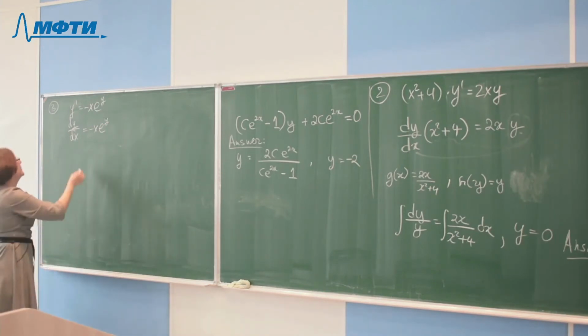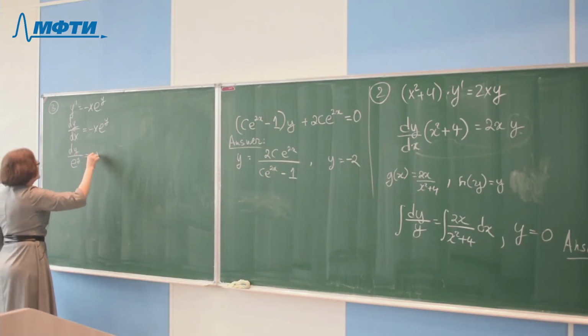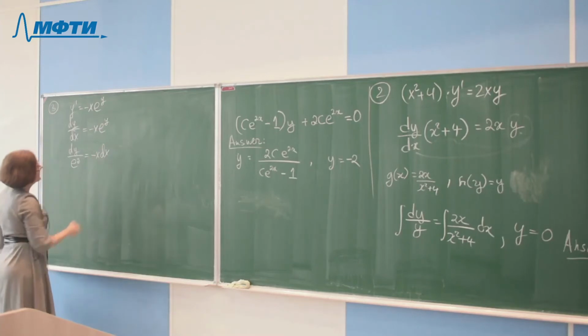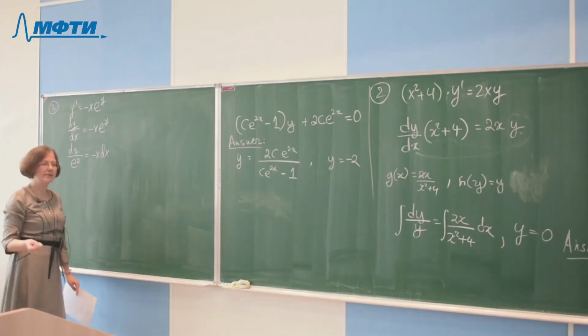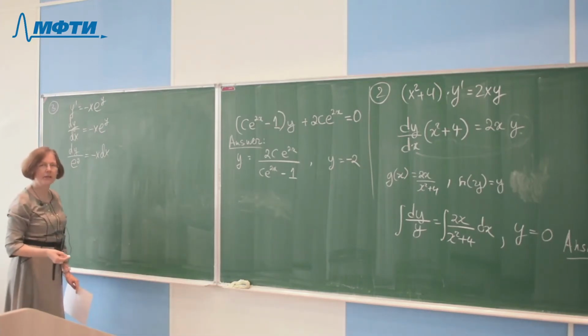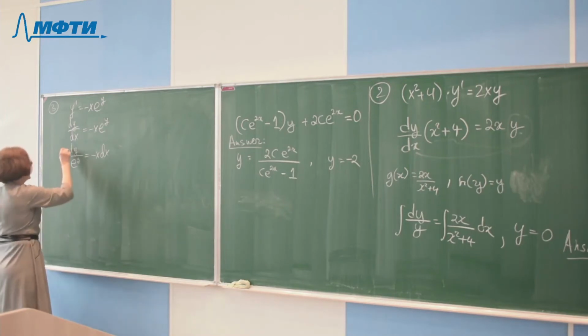Then separate variables. Dy over e to y equals minus x dx. Since we divide by e to y, and e to y is always positive, we will not lose solutions. Then integrate.